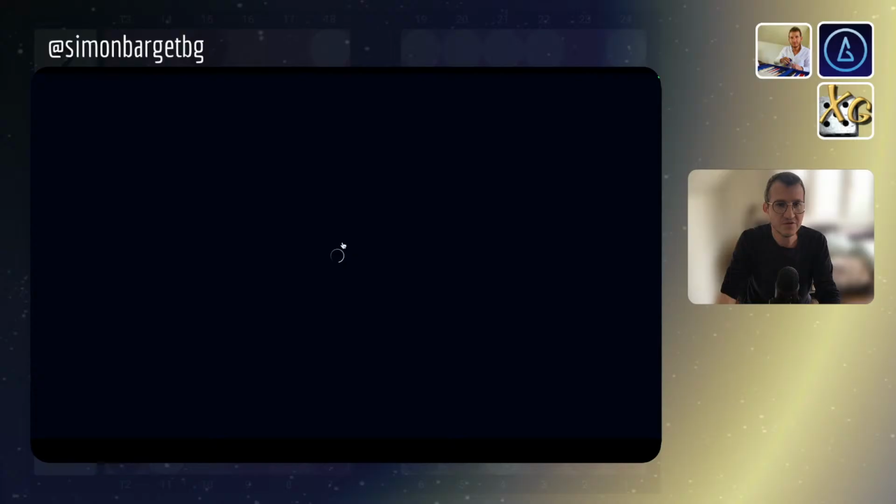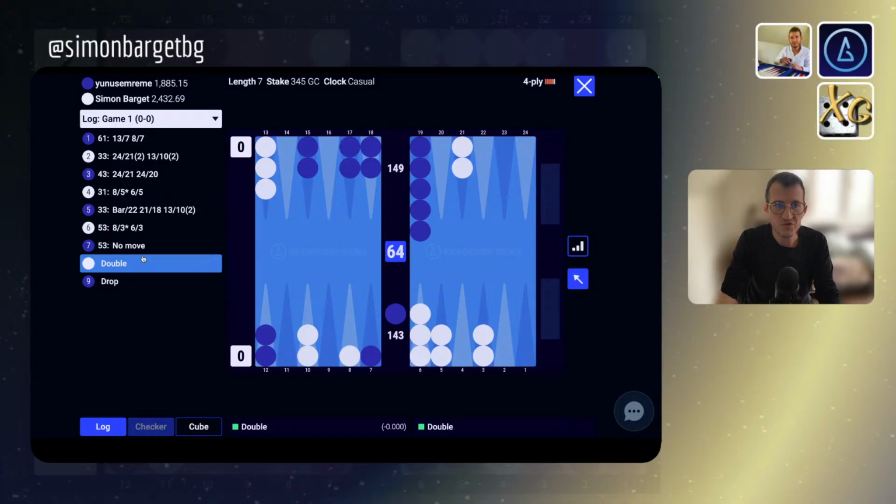Okay, I'm going to look at the cube action. So we talked about 7 away, 7 away, and it is a pass. If we look at these numbers here, people always talk about equity.